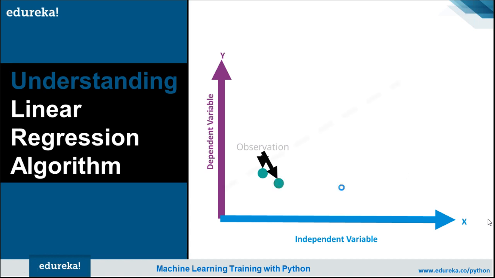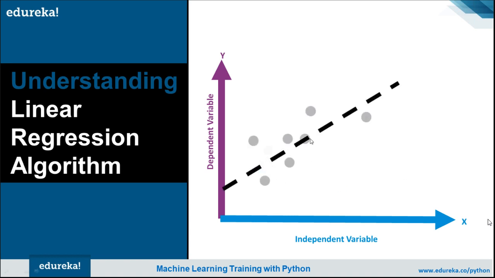So what you start doing is you basically start taking all the observations, right? So let's say this is a data point. These all circles are defining data points, right? Then you try to find a line which can go through these data points, but you will see it is not possible to find any line which can go through all these data points. So what you will do, you will try to find such a line which can go through the maximum data points.